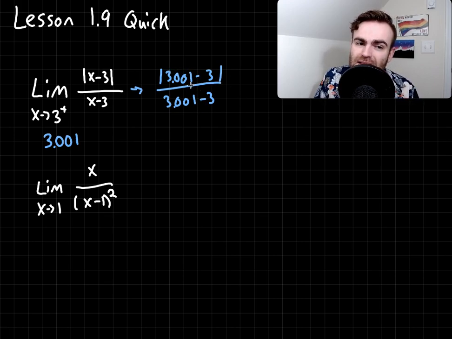Well, we can clean this up a little bit. 3.001 minus 3 is 0.001. That would be in an absolute value. And then we'd get the same thing outside.